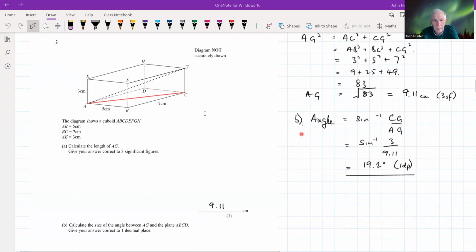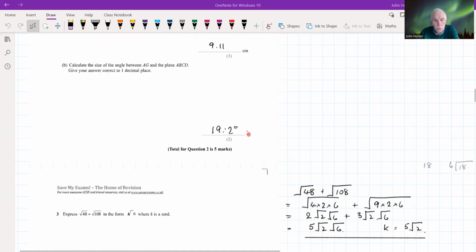I've taken the sine, so the sine of this angle is going to be the opposite CG over the hypotenuse AG, or we could say the angle is the inverse sine of CG over AG, which is the inverse sine of 3 over 9.11, giving us 19.2 degrees. That's our calculator. Right, so that's number 2.